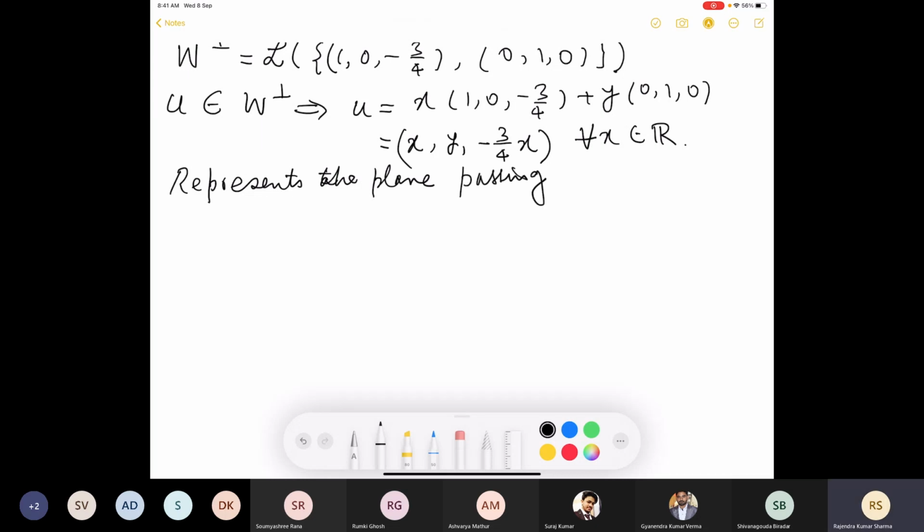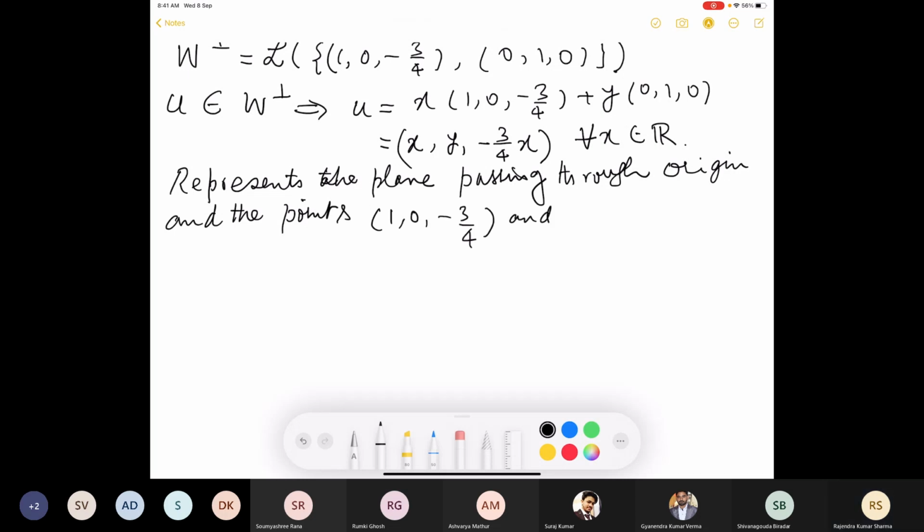Passing through the origin, x equal to 0, y is equal to 0, and the point, back to 2 points, what they are? (1, 0, minus 3 by 4) and (0, 1, 0).